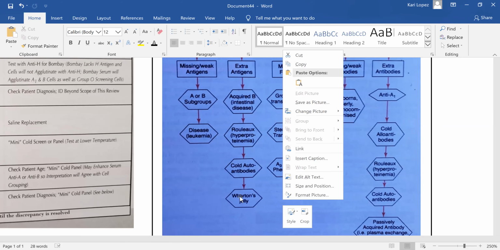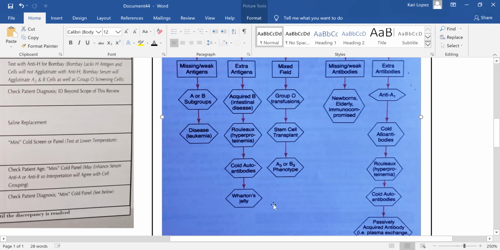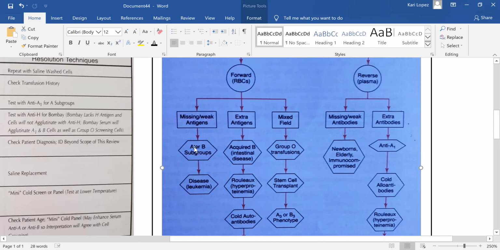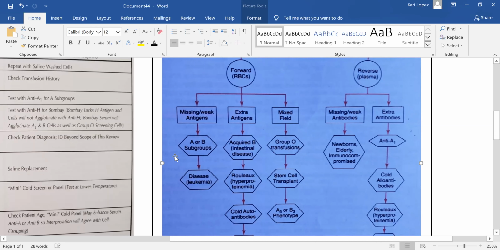So Wharton's jelly is what's attached to the baby when they come out, and it can contaminate the umbilical cord specimen and cause some issues with typing. Missing or weak antigens, so like an A or B subgroup, and disease like leukemia.